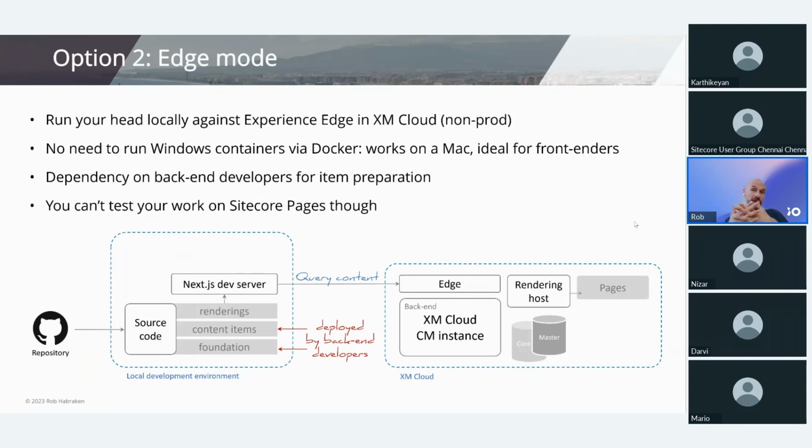Although there is a way to do that if you want, because if you're running XM Cloud, you at least have, in the smallest tier license, one production environment and two non-production environments.